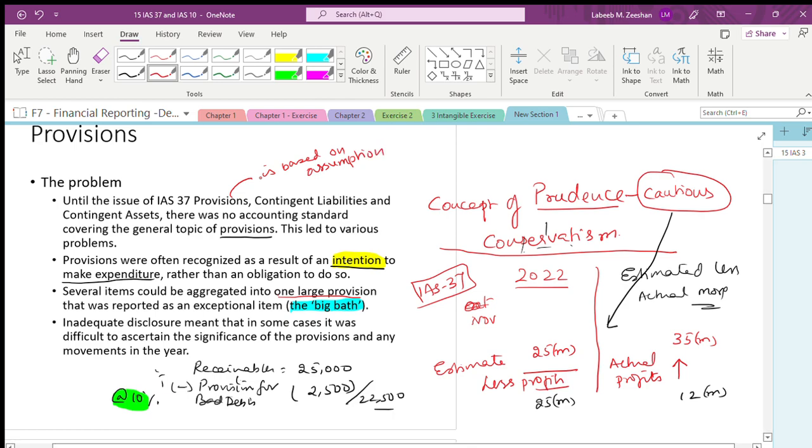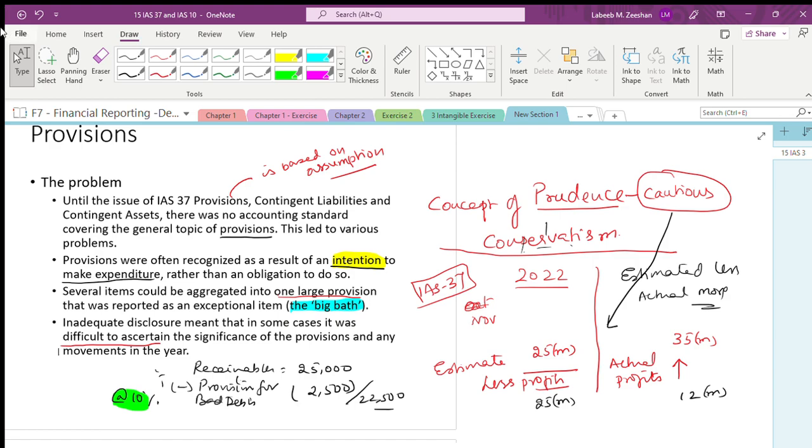That is the difficult part. It is very difficult to ascertain because everyone will have their own assumptions of the provision and movements in the year. This is the problem with respect to provisions.